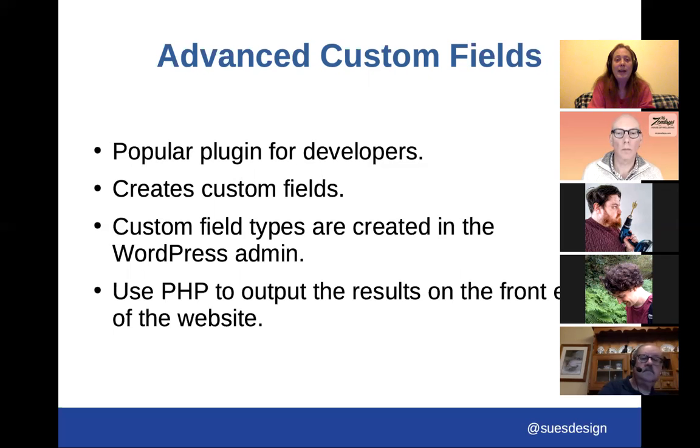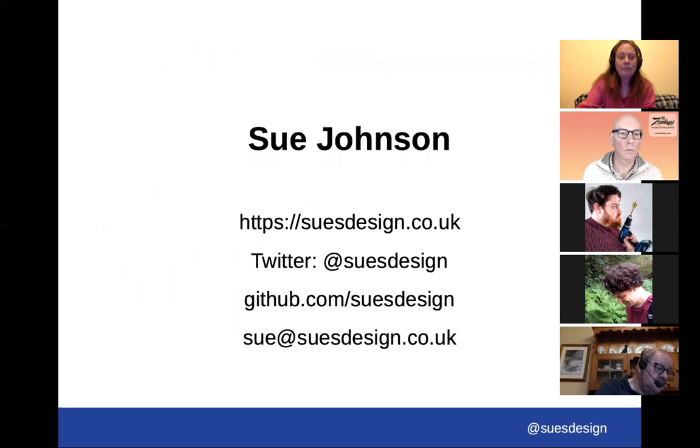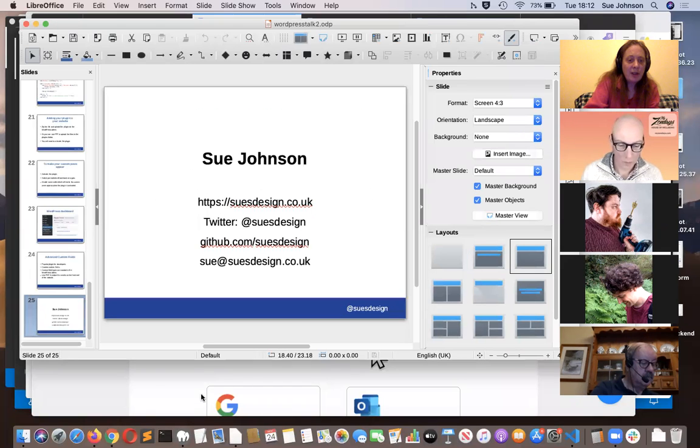You create the custom field types in the WordPress admin, and then use some PHP to output the results on the front end of your website on your template pages, and that's easy to do. As I said, it's a lot easier than trying to figure it all out from scratch. I'm actually going to show an example where I've used that. So I'm now going to show some examples.